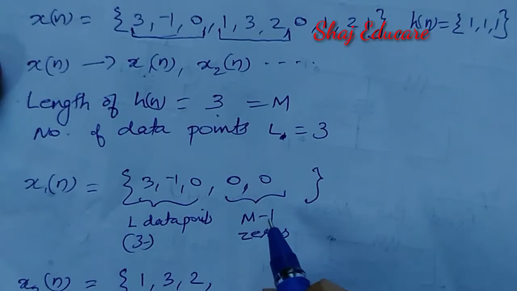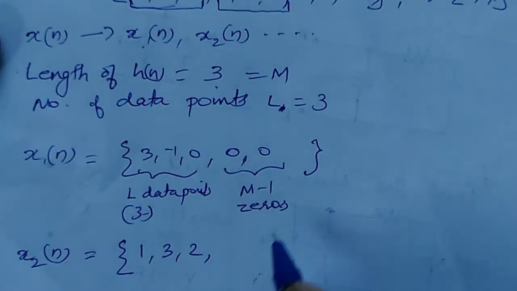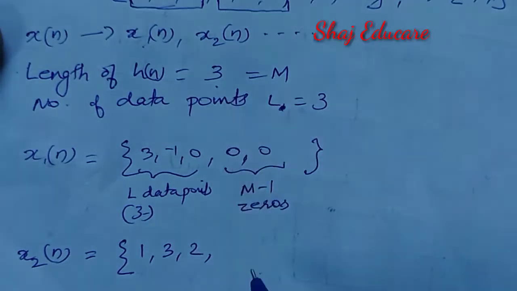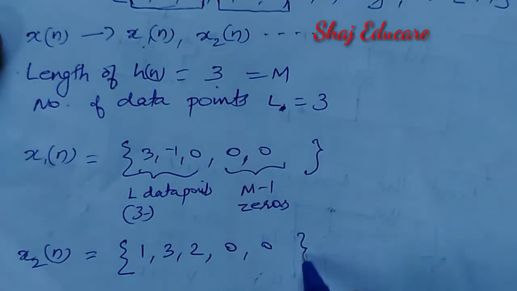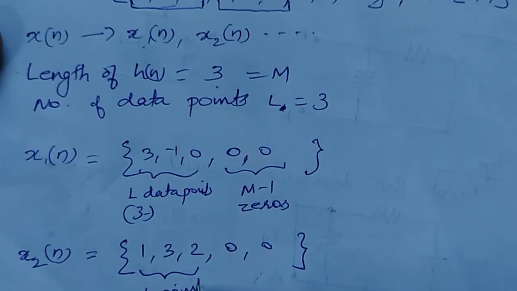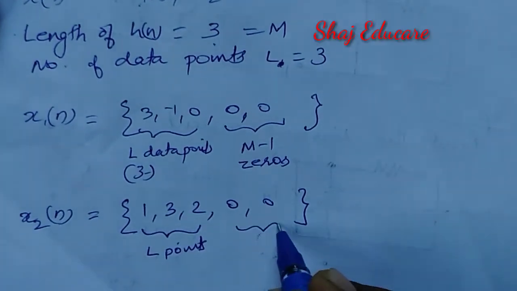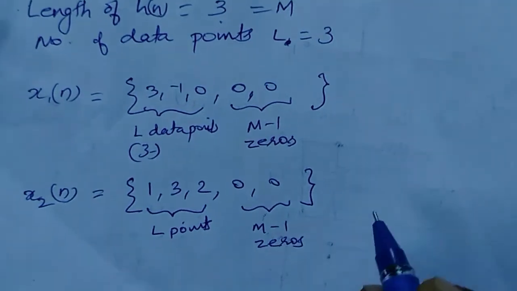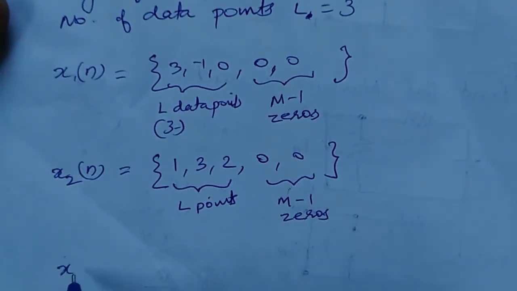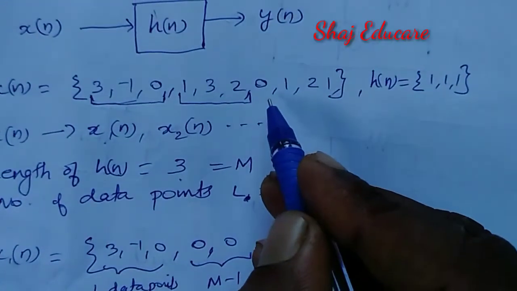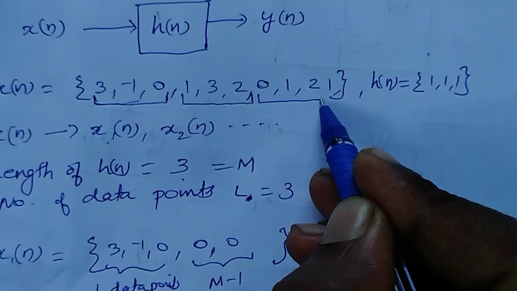Then again put M minus 1 zeros, which is 3 minus 1, equal to 2 zeros. L points and M minus 1 zeros. Similarly, construct x3 of n by taking the next 3 data points.